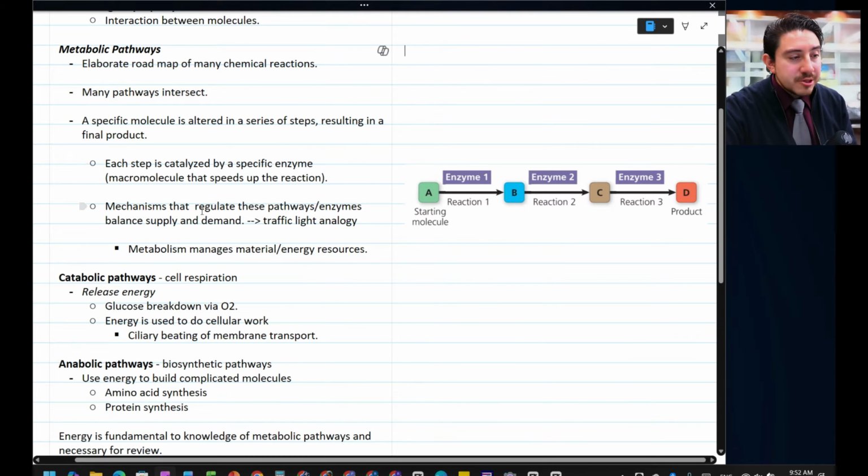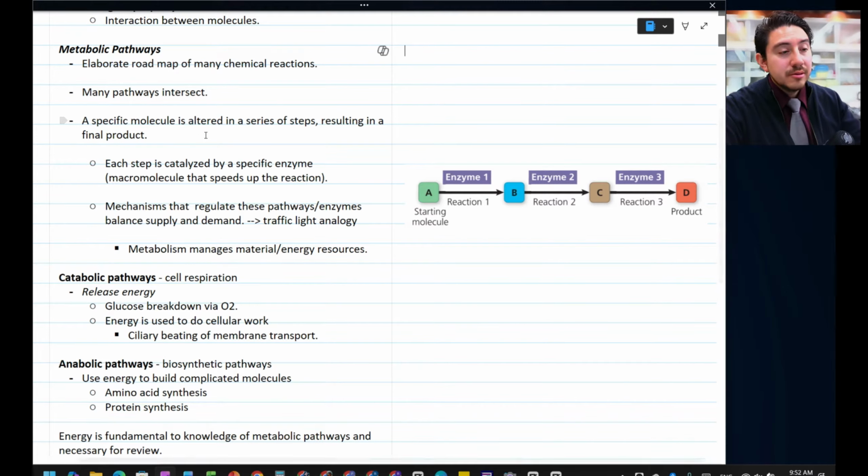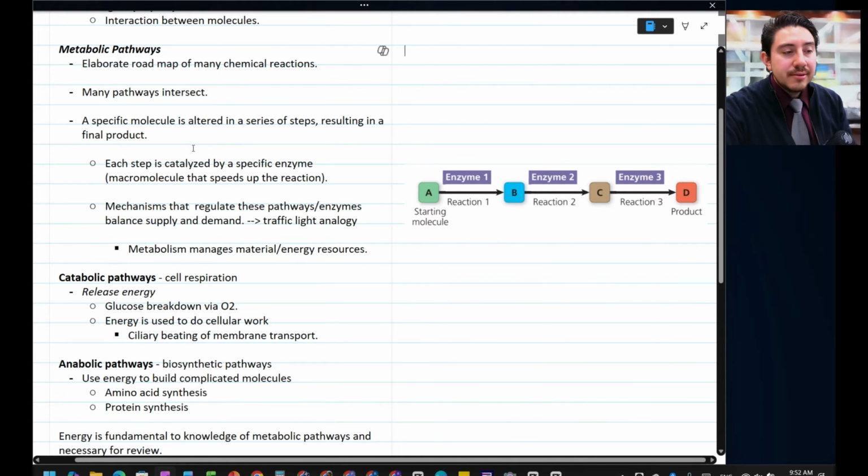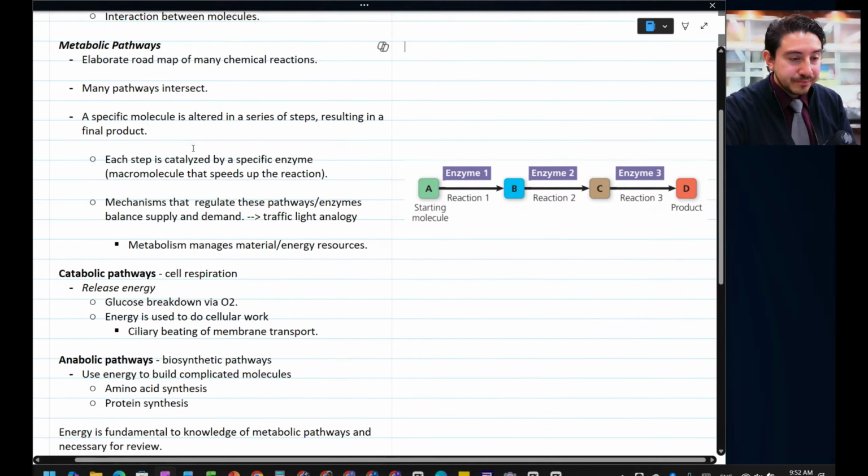As I mentioned before, a specific molecule that is a reactant, reacting with other molecules, undergoes a chemical reaction and will become a product. Ultimately, those reactants will change over time, resulting in a final product.